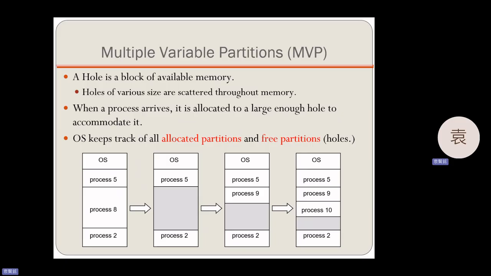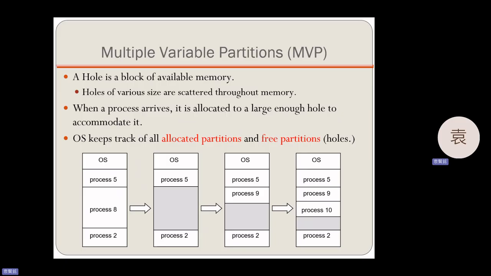The reason to keep track of the allocated part is that when the process finishes, the allocated part it occupied becomes free. So we need to merge this free hole if there's a neighboring hole.